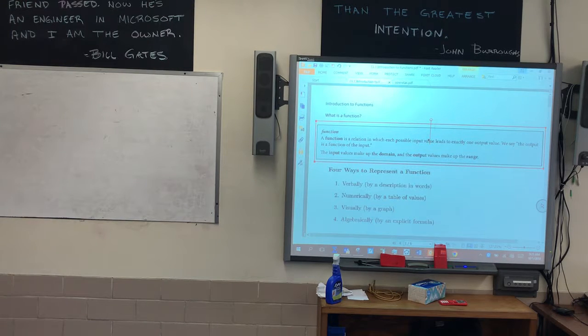A function is a relation in which each possible input value leads to exactly one output value. Each input leads to exactly one output.